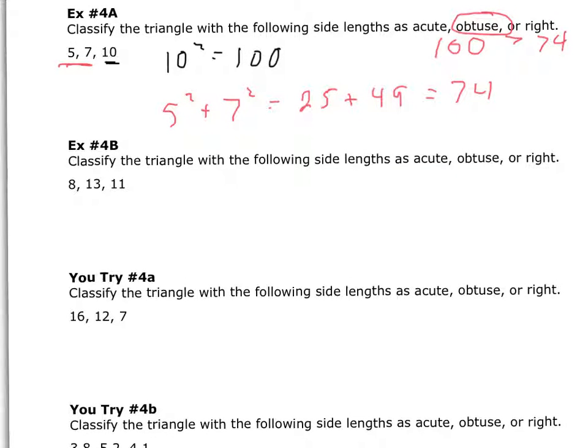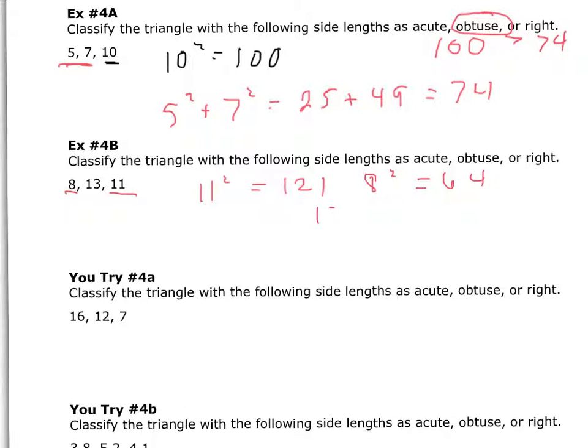Okay, so this time we want to do the same thing. So let's take 11 squared. And 11 squared is going to equal 121. And we have to add to that the length of 8 squared. And 8 squared is 64.